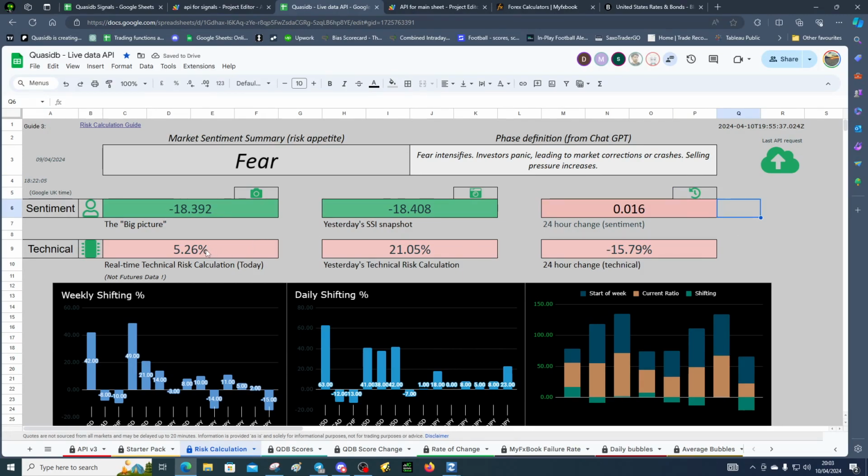Yeah, so we had a big dump on the technical scores, a worsening on the technical scores, and the herd have gone ever so slightly long. So we're actually in a state of fear, but we won't be in extreme fear because of this. There are still 18 people short risk indices, okay? Until they've got wiped out, we won't see a big crash, okay? So we are in a state of fear, and that's the manual population bit done.